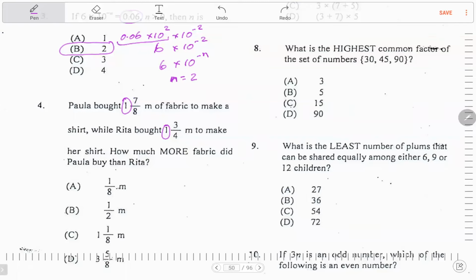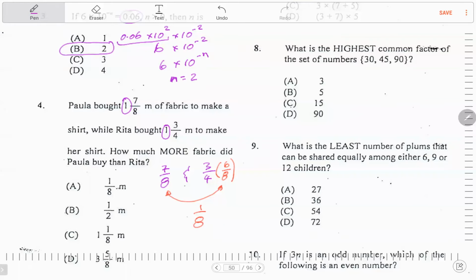We have to realize that 3/4 is the same as 6/8, to make the two fractions related. So you're really comparing 6/8 and 7/8. The difference is 1/8. So Paula bought 1/8 more. So the answer is A.